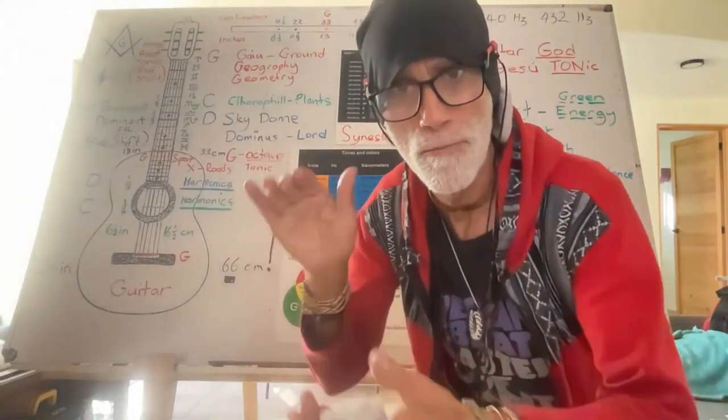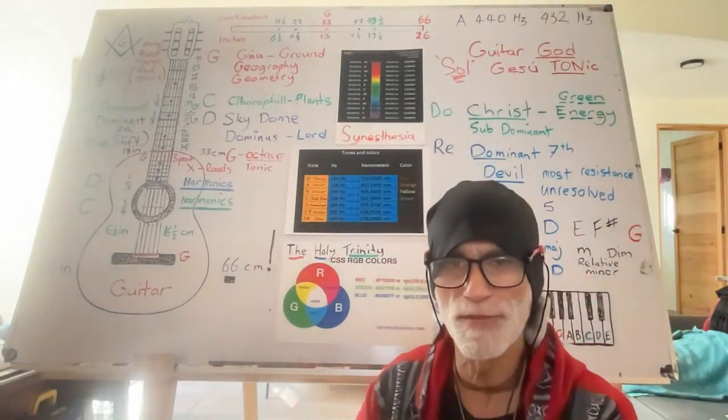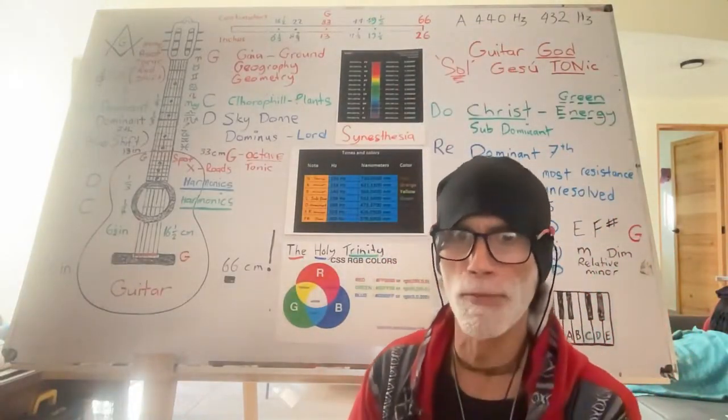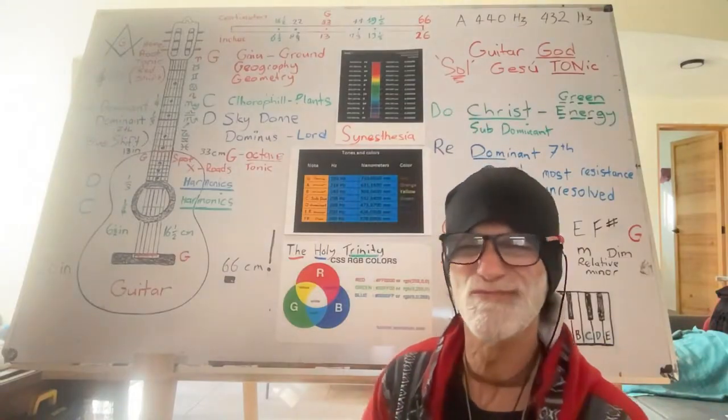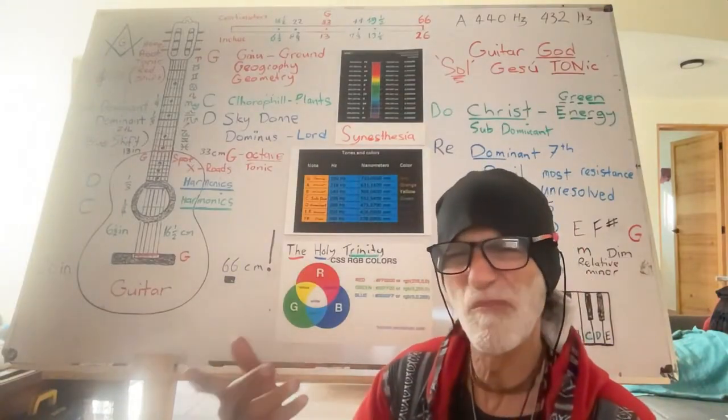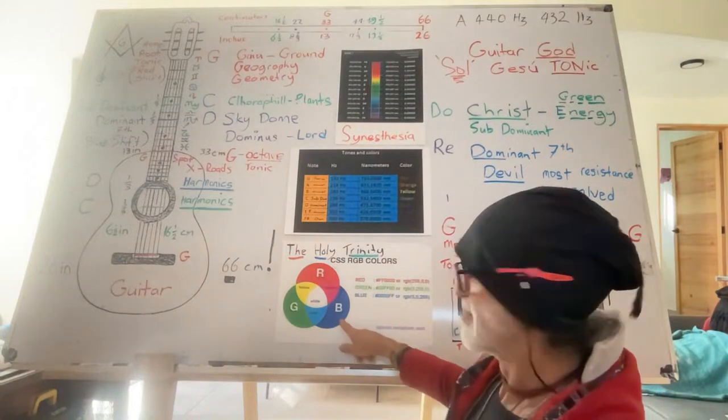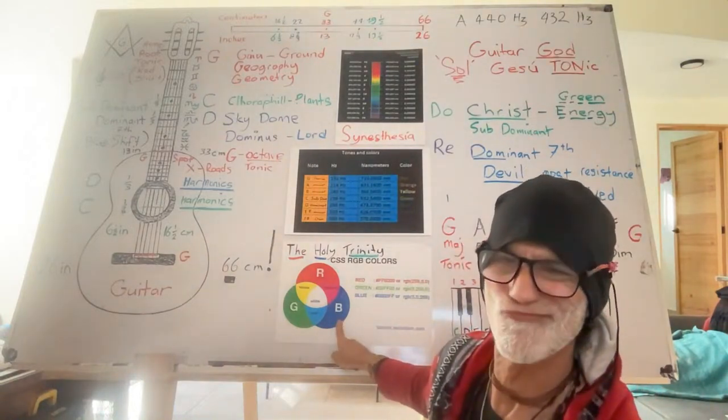Tonic is home. Subdominant is your best friend. Dominant, well, he likes to dominate you. So, he's a friend, but he gives you the blues.